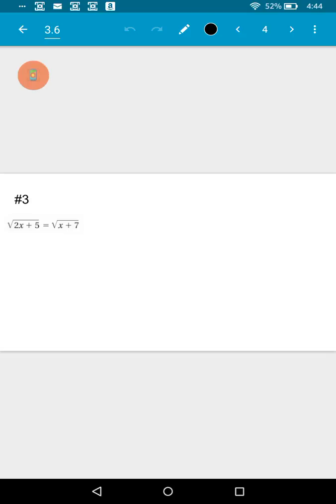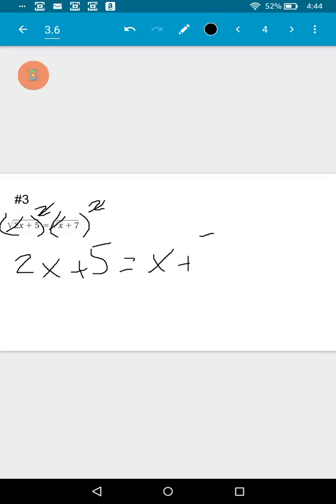What I do to one side, I have to do to the other side. In this case, this exponent is gone, this radical is gone. This exponent is gone, and this radical is gone. So I'm left with 2x plus 5 equals x plus 7.